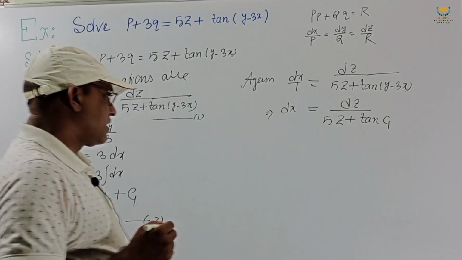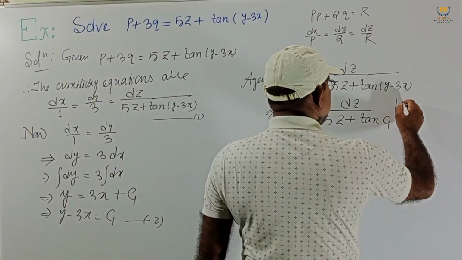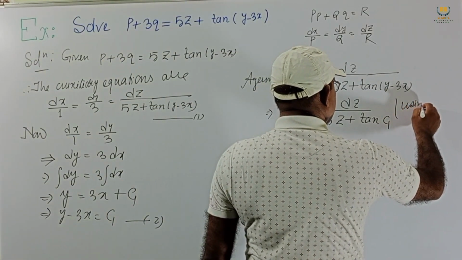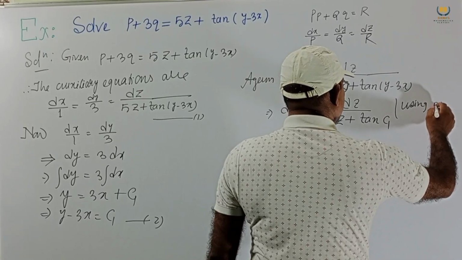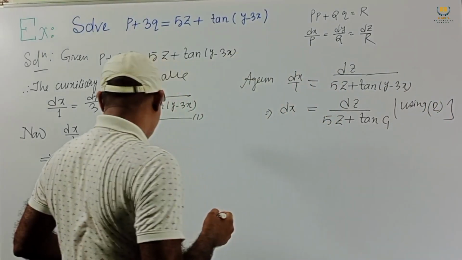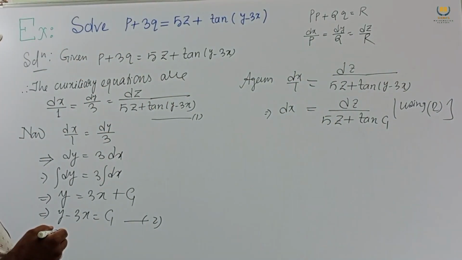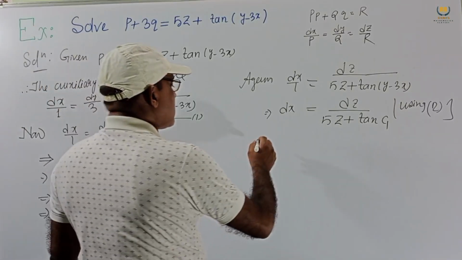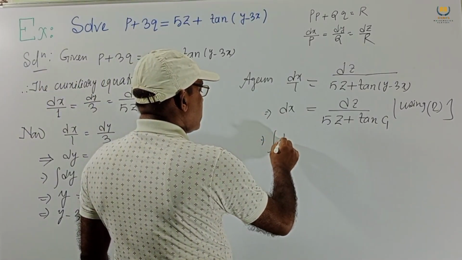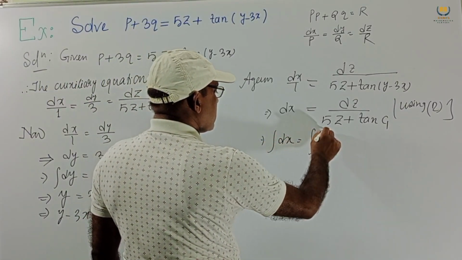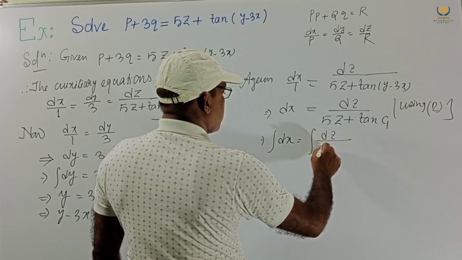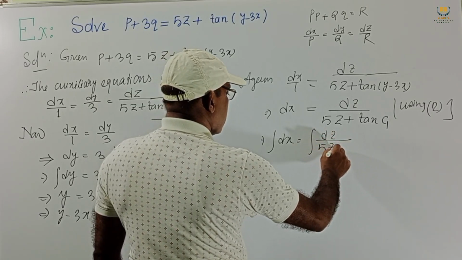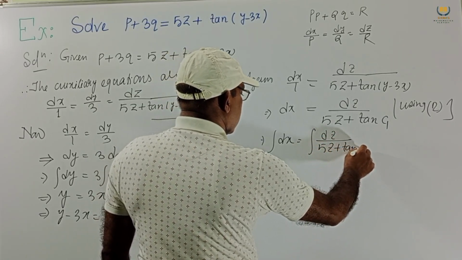Putting this c1 here, so we write using equation 2, this equation. Now we integrate both sides. Integration dx equals integration dz by 5z plus 10 c1.